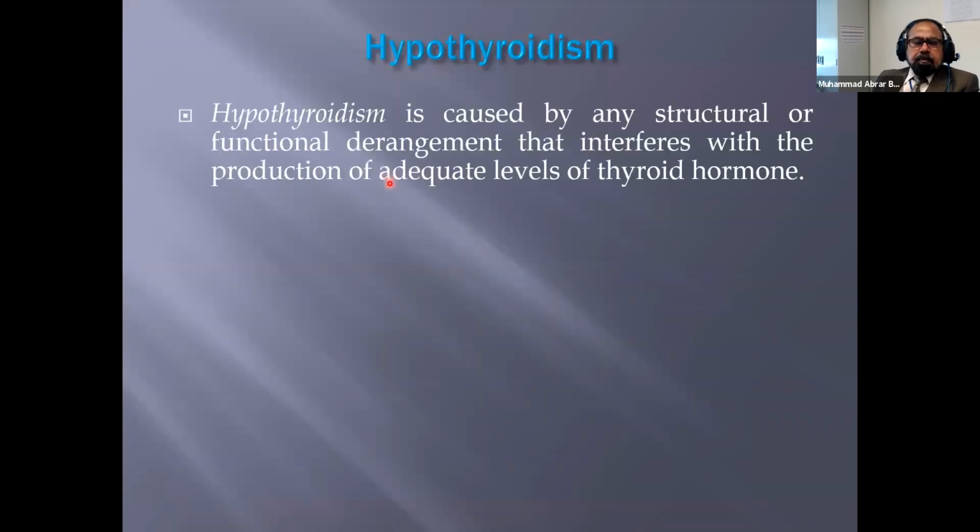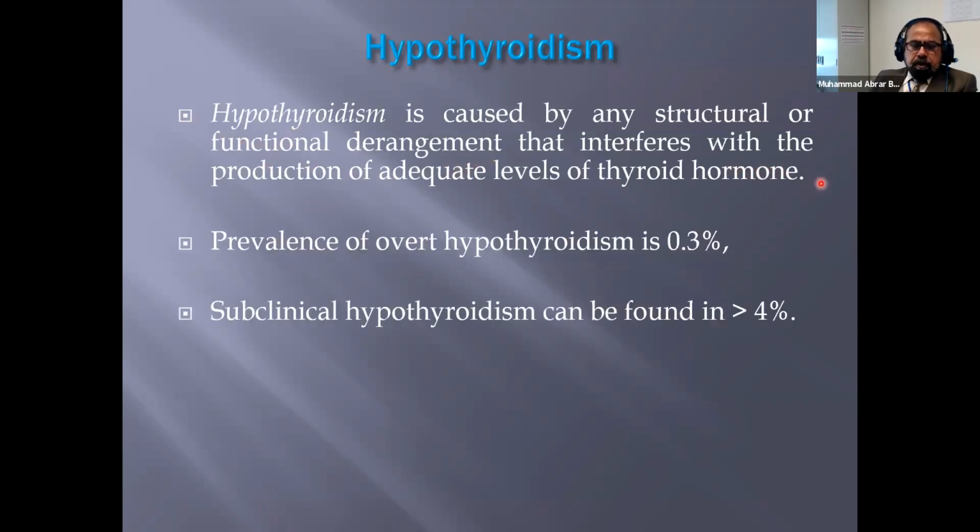Now, hypothyroidism is caused by any structural or functional derangement that interferes with the production of an adequate amount of thyroid hormone. So the thyroid gland is not producing ample amounts of thyroid hormone. The prevalence of overt hypothyroidism is 0.3%, so very low.